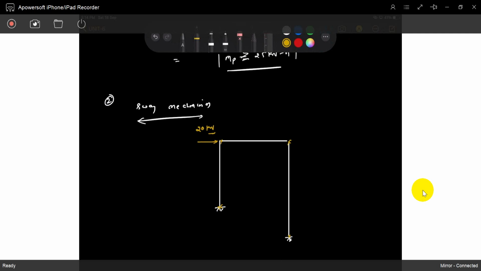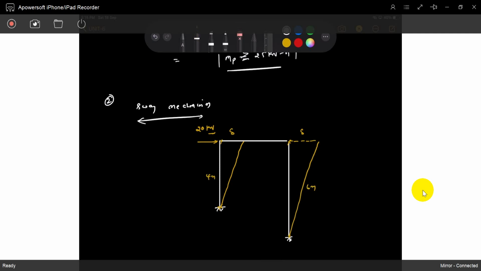So how is it deformed? It is deformed like this, under only sway loads. This is delta. This is 4 meters, this is 6 meters.